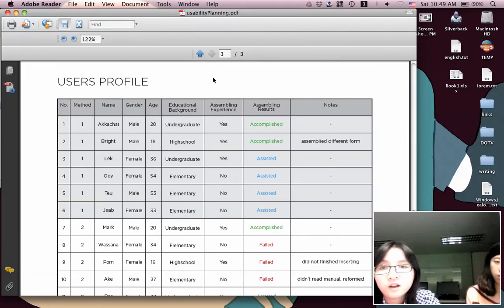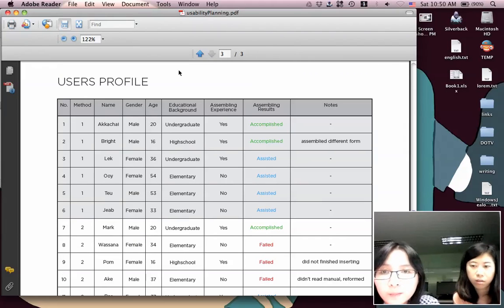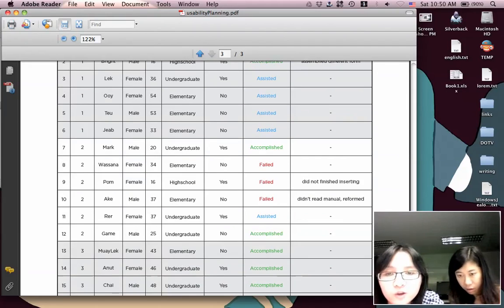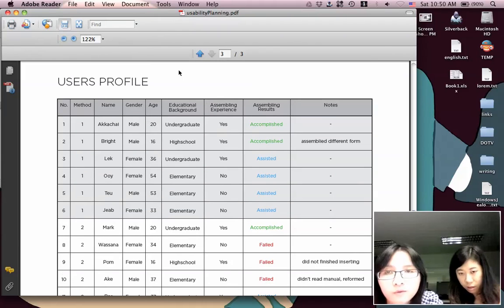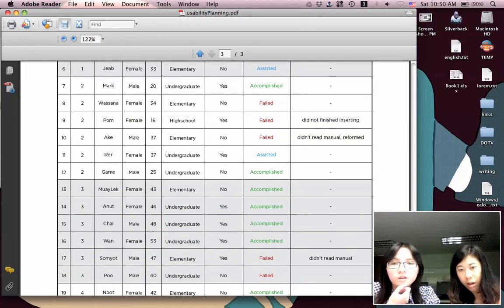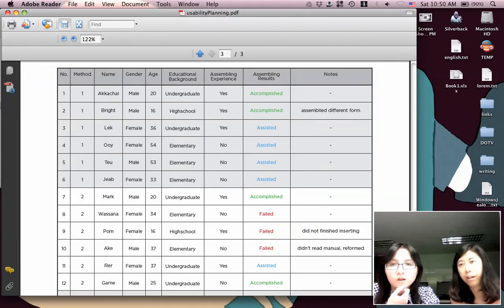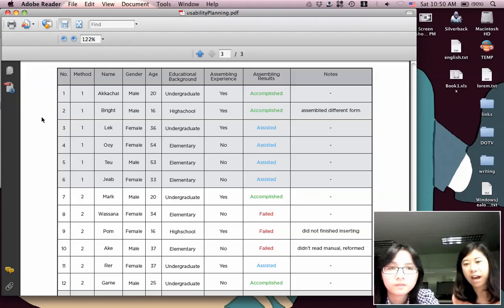For the user profile, we have 24 users, and we separate these 24 users. So 6 of the users will be tested on one kind of method, and we use different users for each kind of method. The reason is, if they have done the other method before, they might remember how to assemble the toilet.